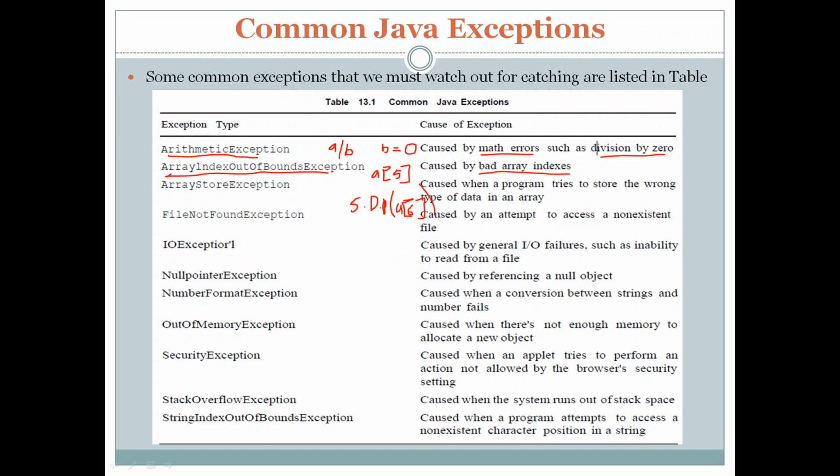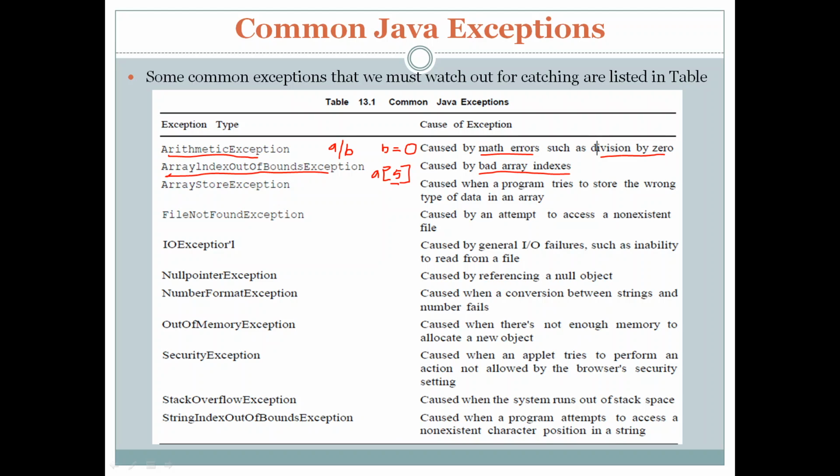The answer is no, because the array size is 5. When we have array size 5, the maximum index value is 4, because index always starts with 0. If you try to access an index which does not exist, array index out of bounds exception occurs.